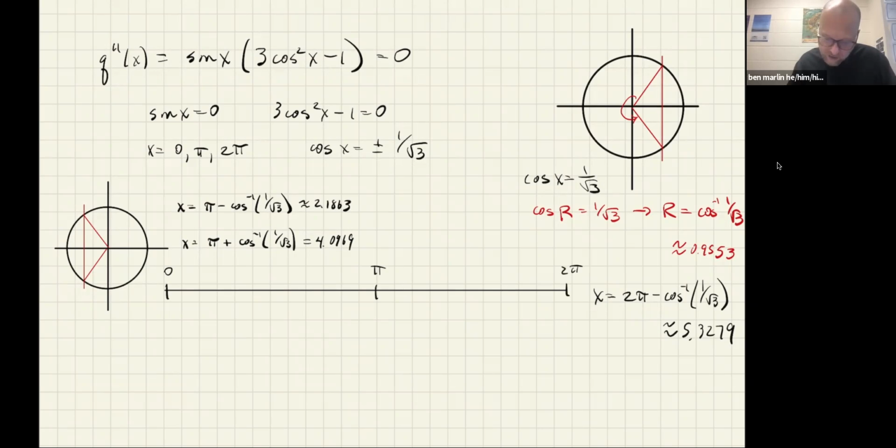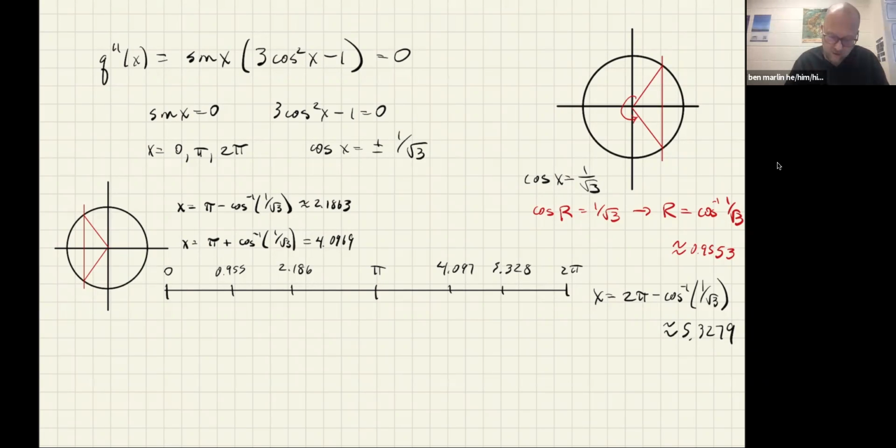And then we have these other values that I'm going to just put roughly here and here, the 0.955, the 2.186, and then here and here, we're going to have these 4.097-ish and 5.328-ish.